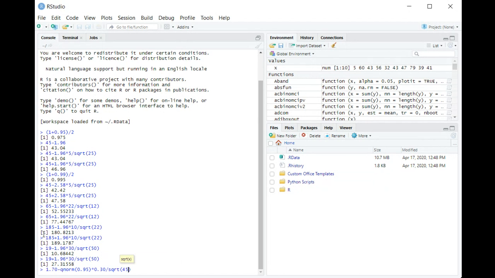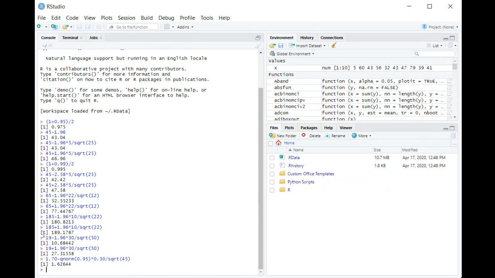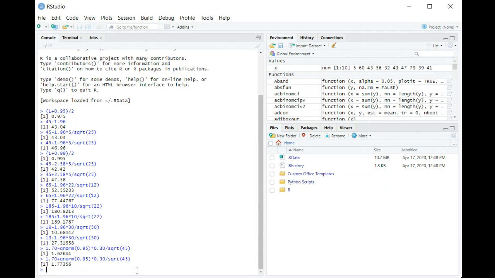Okay, so that one should give you 1.62, and I'm going to do an up arrow again and switch this one with the addition sign, enter, and that one should give you 1.77. Okay, so I'm going to move on to number 12.